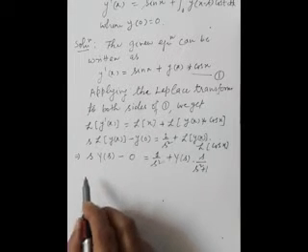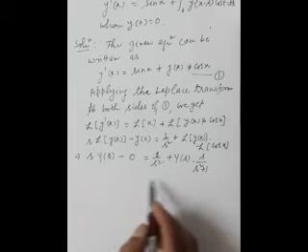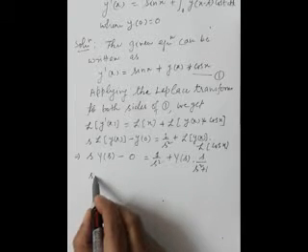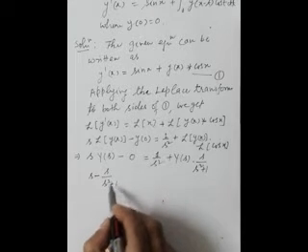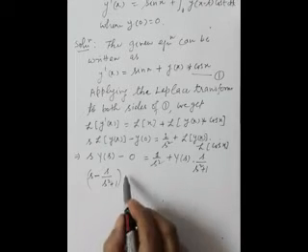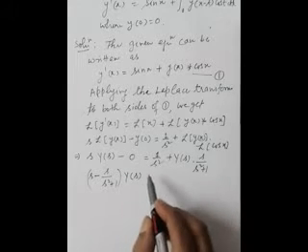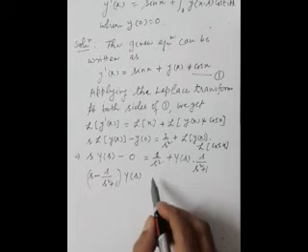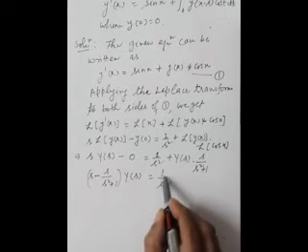So this equation can be written as s minus s upon s square plus 1, take Y common, equal to 1 upon s square plus 1.